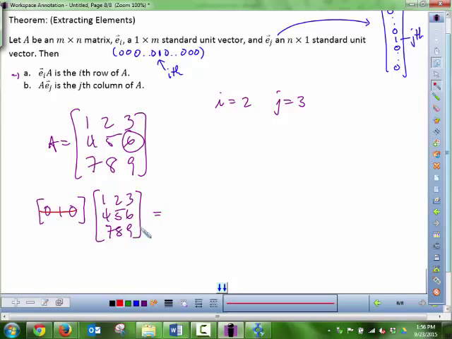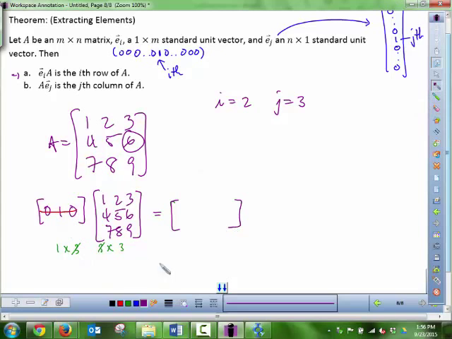By the way, I want you to get used to writing this down so you know what to expect for your answer. So a 1 by 3 and a 3 by 3 will give us a 1 by 3 matrix, right? So the result should be a 1 by 3 matrix.